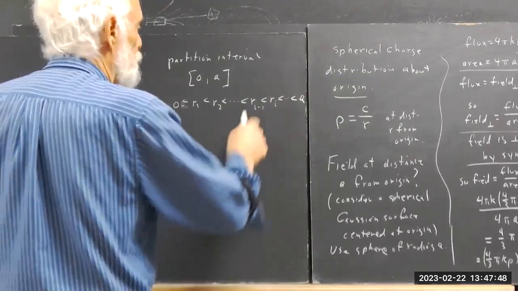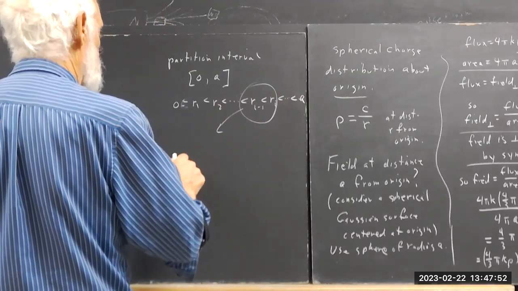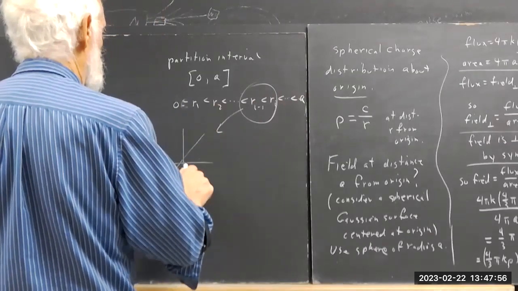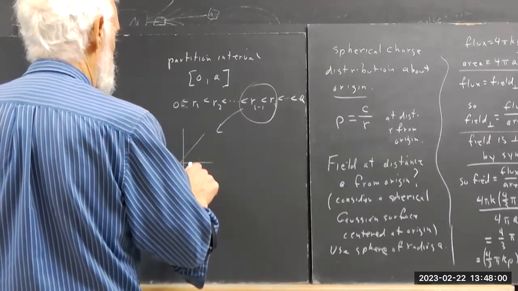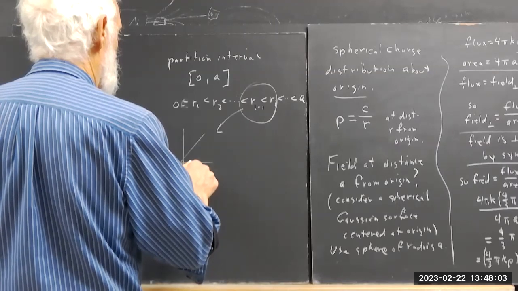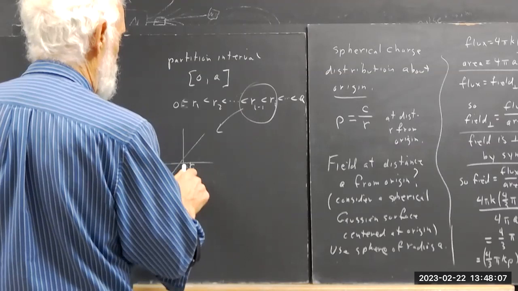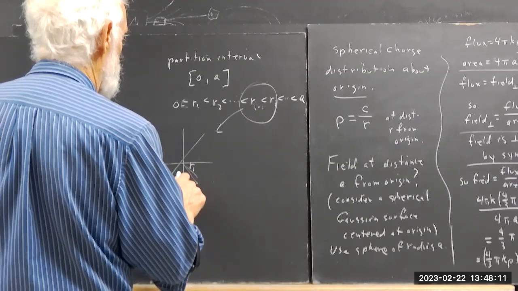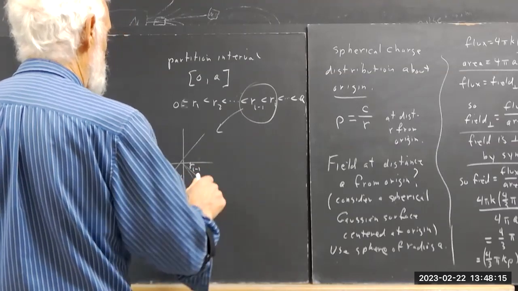And we just ask ourselves, what happens in a typical interval? Okay, let's just say we're down in the XY plane. We've got R sub i minus 1 here, and this is R sub i.